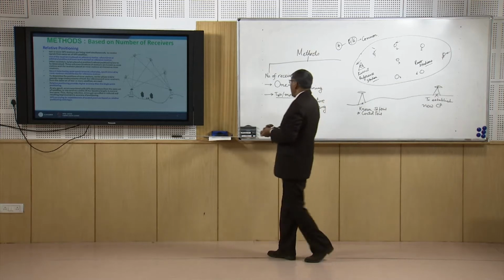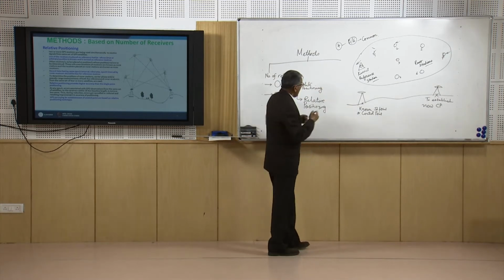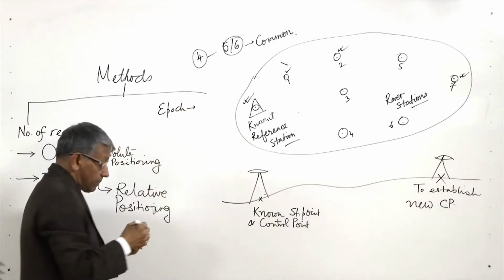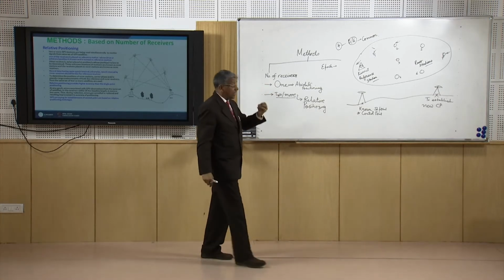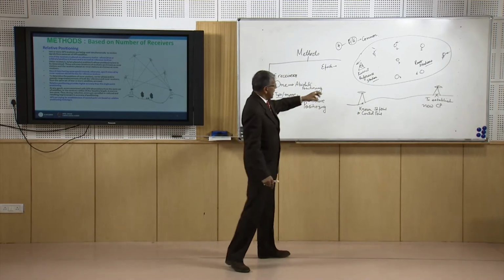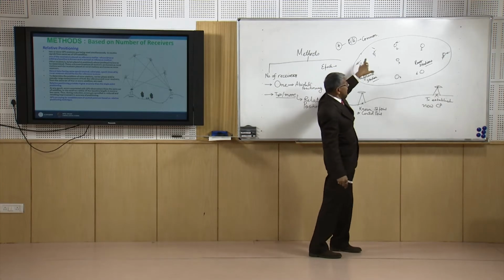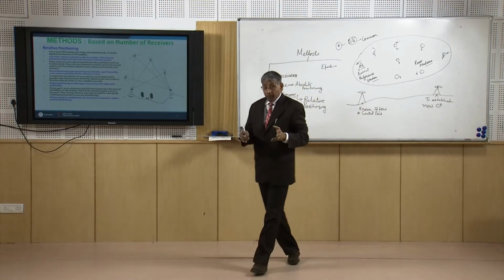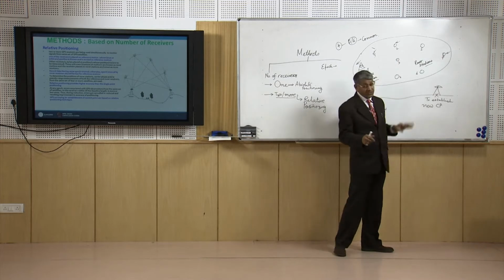Second point to be noted is the epoch of observation. Epoch means the interval at which the receiver will take the observation. The epoch of observation of the reference should be lower, that means it should take data more frequently than the others.